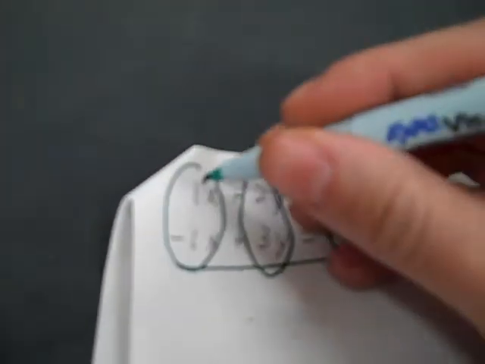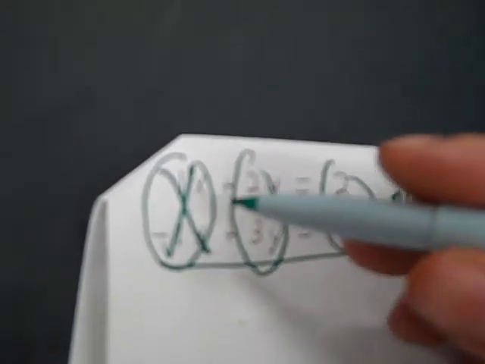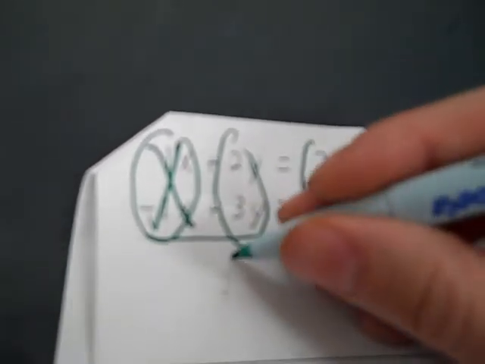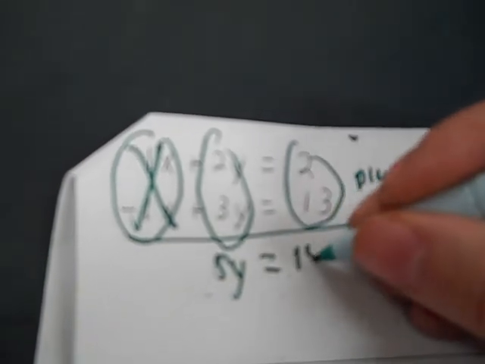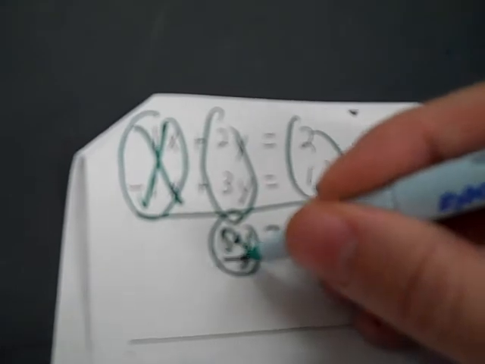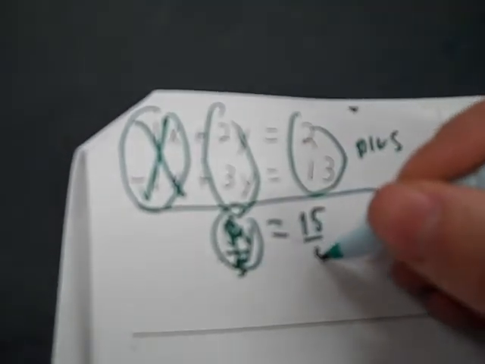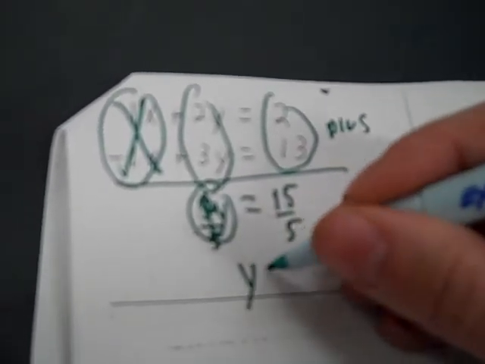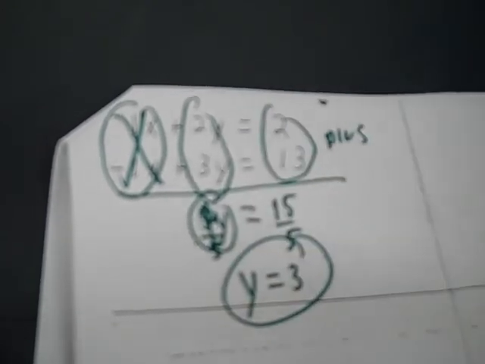Okay, you got to do it on your calculator. 1 plus negative 1 is 0. Good. And now I keep going. 2 plus 3 is 5y. 2 plus 13 is 15. Dot, circle, divide by 5, divide by 5. Y equals 3.